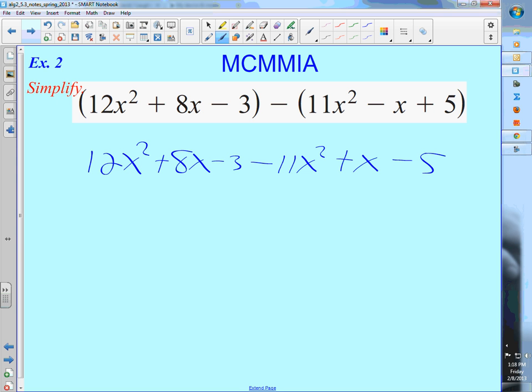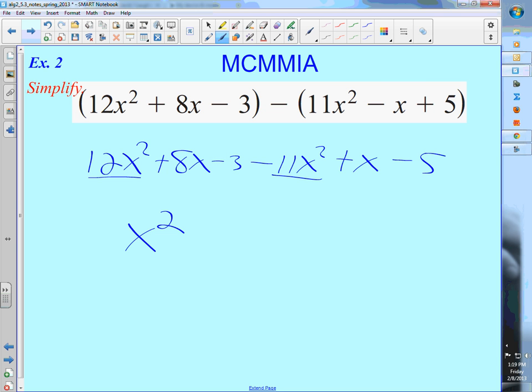And what will typically happen is people will say, okay, 12x squared minus 11x squared, because these are like terms, does in fact give you the 1x squared. But after that, it's 8x minus x is 7x, and that's where you get the most commonly made mistake in algebra. Can't happen. You guys can't make that mistake any longer.